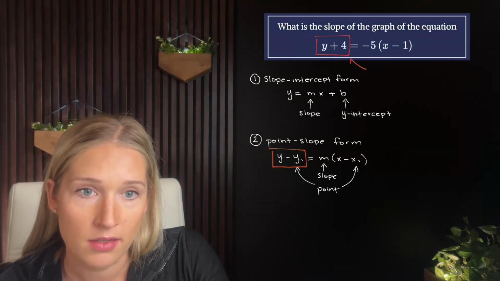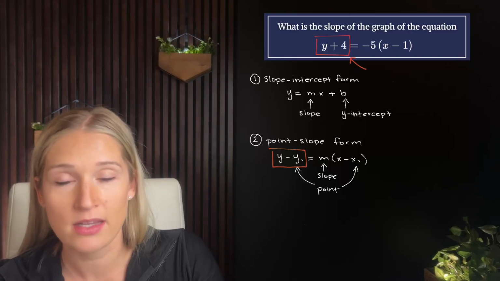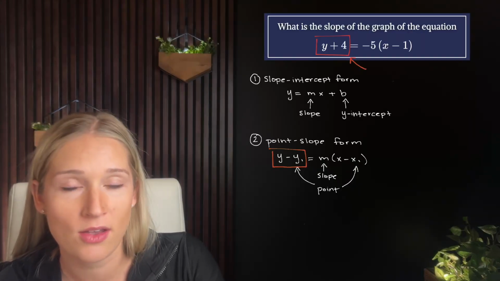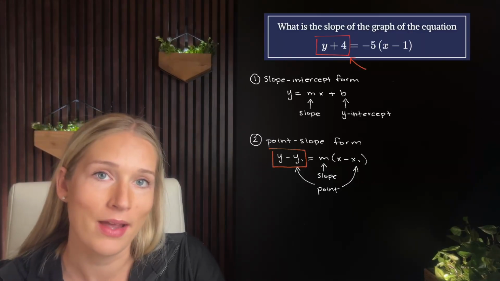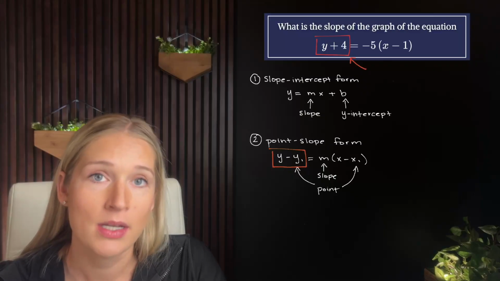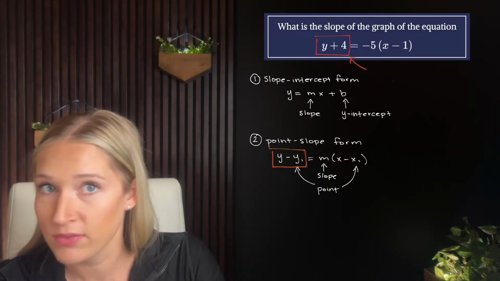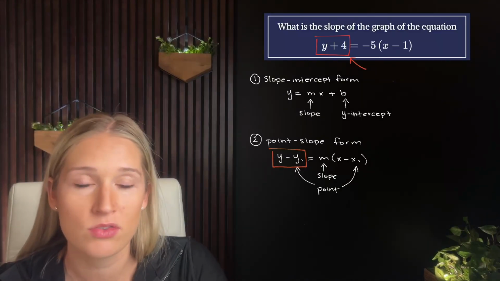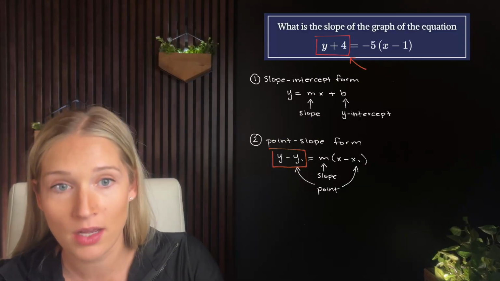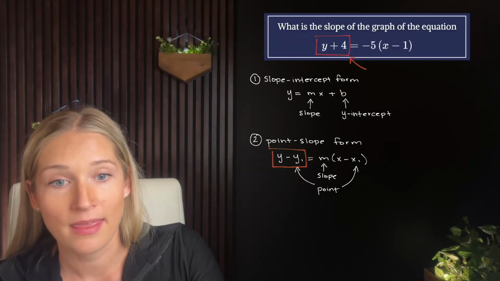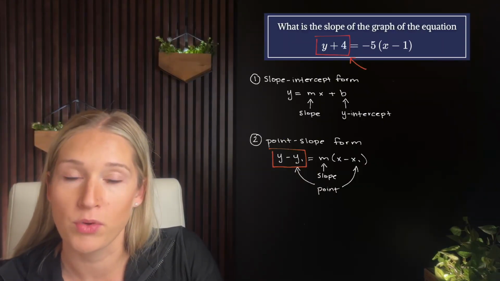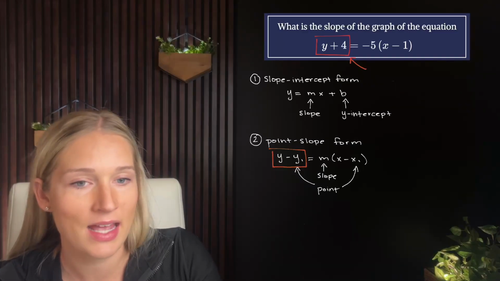So here, this 4 tells me that one of the points on my line has a y value of negative 4. Because it's a constant, not a variable, not another x or any other sort of y, I can say that it does match the form of point slope form on that left-hand side.